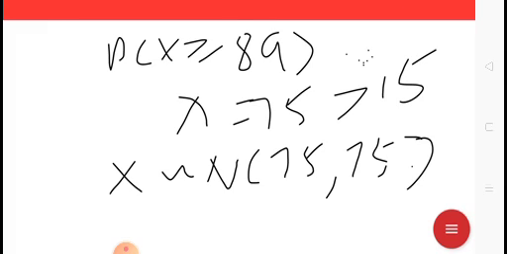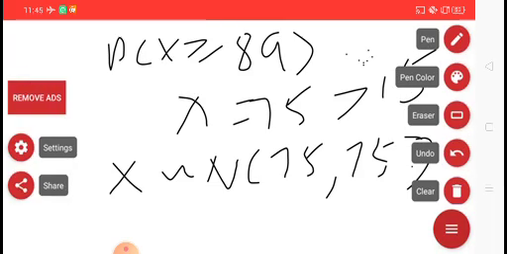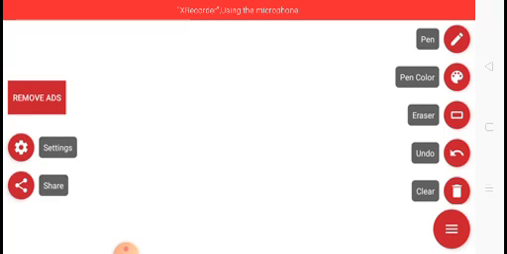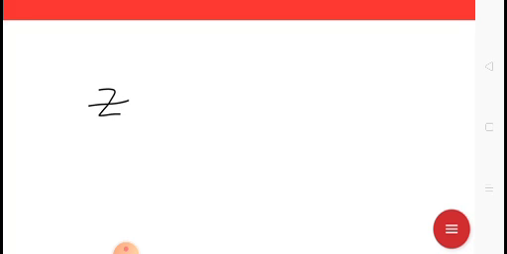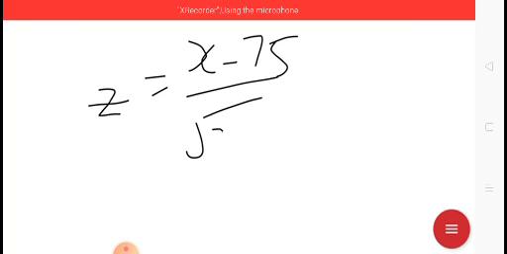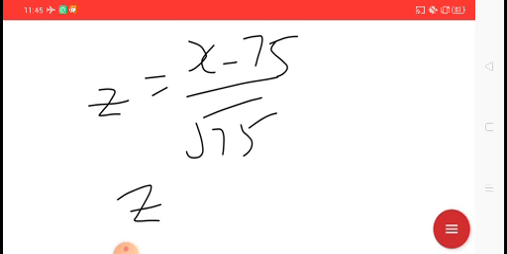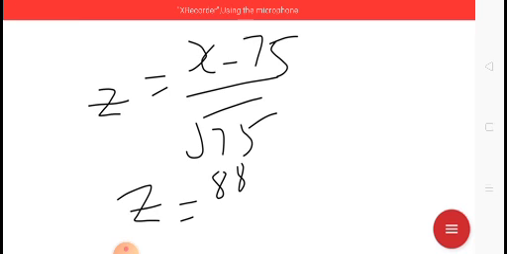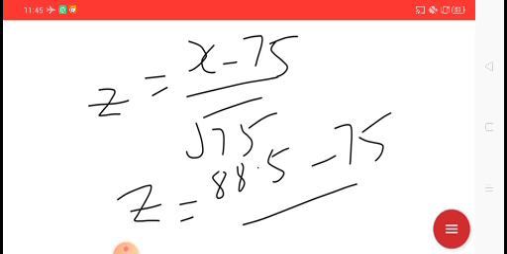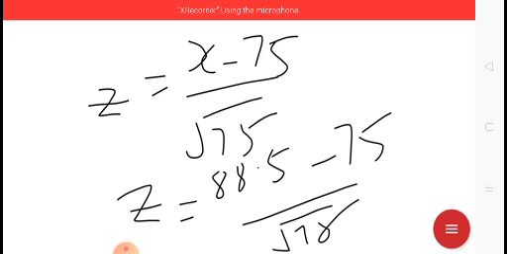Okay, so once you have this, you can find the z value already. The z value will be equal to x minus 75 over square root of 75. Right, just now don't forget what you need to find is P(X ≥ 89). So your z after doing the continuity correction will be 88.5 minus 85 over square root of 75.